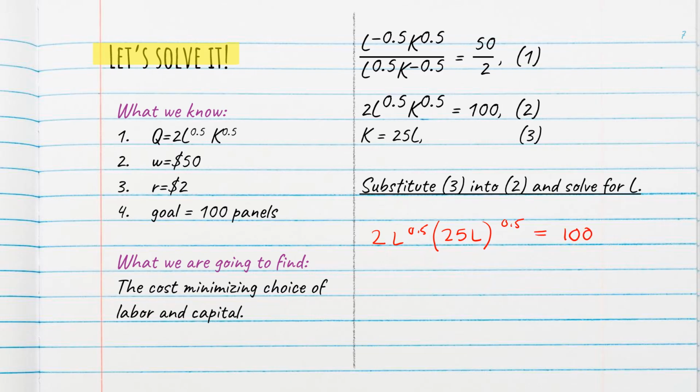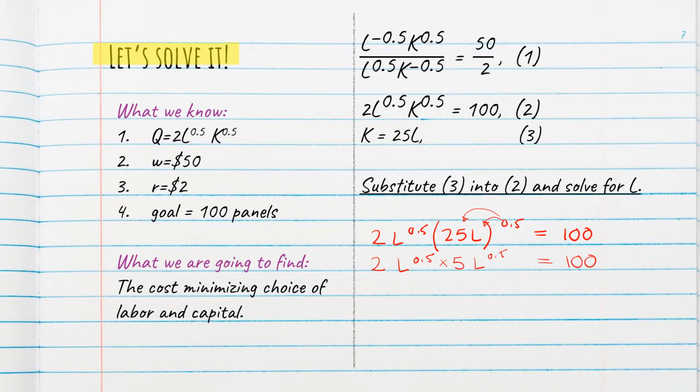Now be careful, a really common place for students to make mistakes here is to fail to distribute this 0.5 power to both terms in the parentheses. So if we start simplifying this, we should get 2 L to the 0.5 times 25 to the 0.5, which is 5. And then L to the 0.5 is equal to 100.